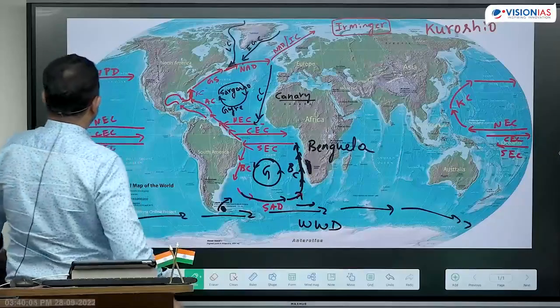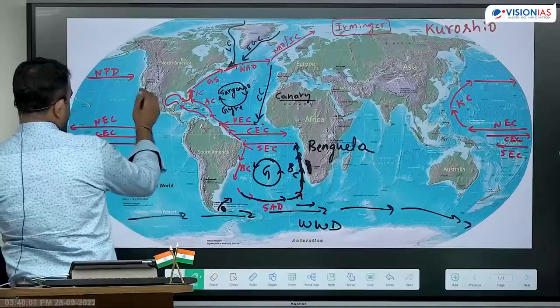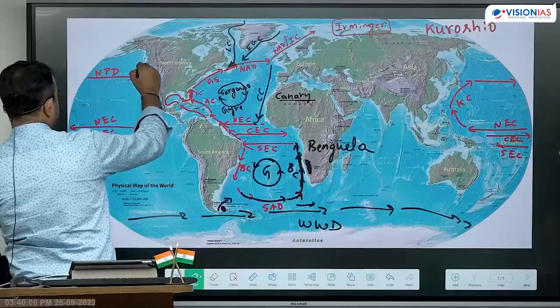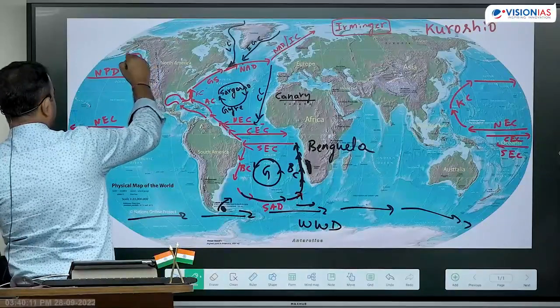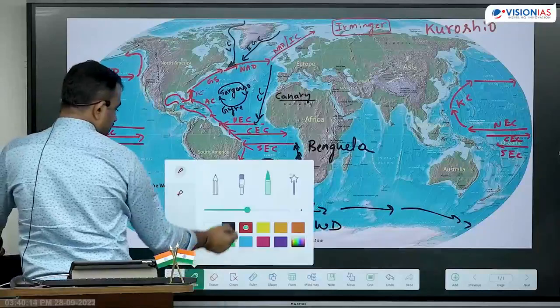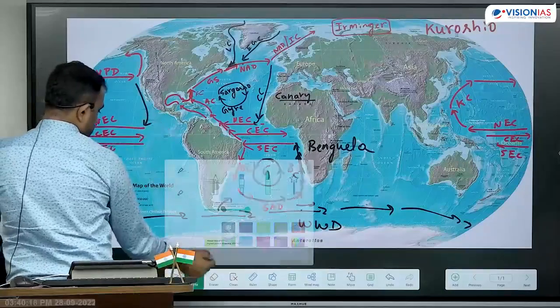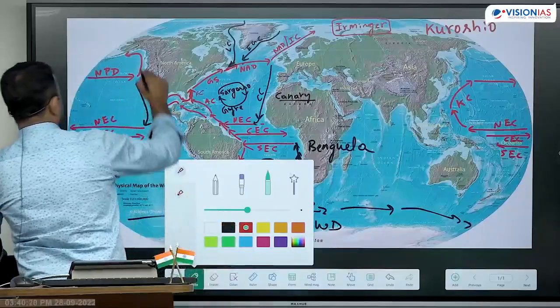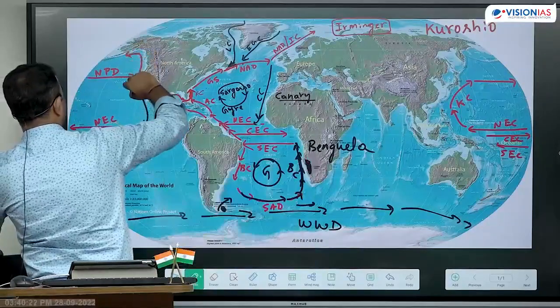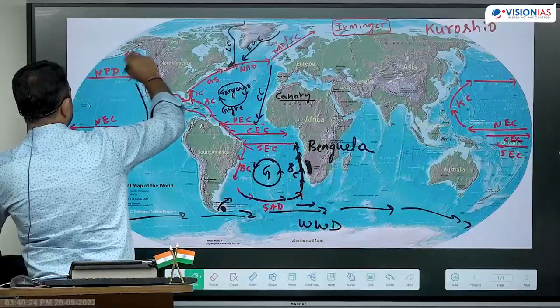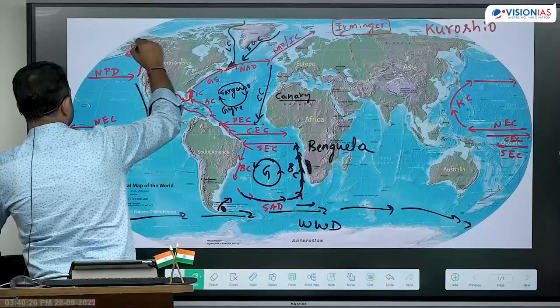So now this North Pacific drift, by reaching the western coast, it hits the landmass, it gets divided into two branches. One moves along the northern part, another moves towards the southern part. Along the northern part, it is moving towards Alaska. So this is what is warm Alaska current.